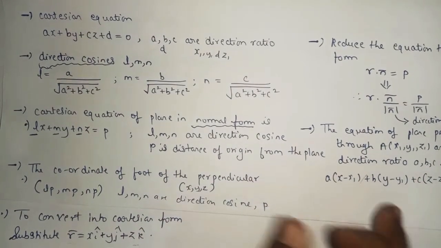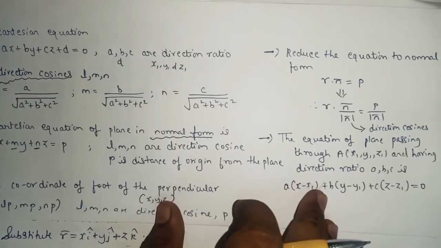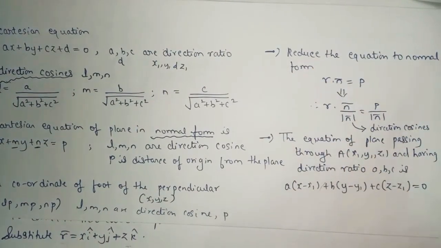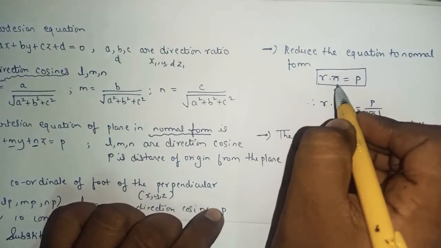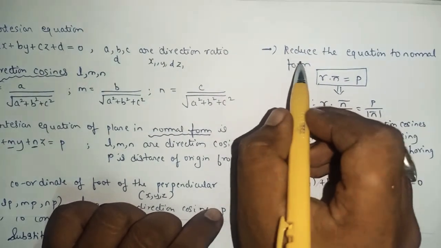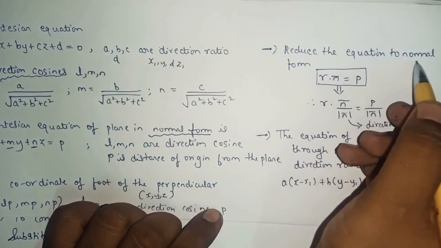So the next formula is what? You will have the equation in this form: r dot n bar equals p. They will say that you have to reduce the given equation to the normal form.